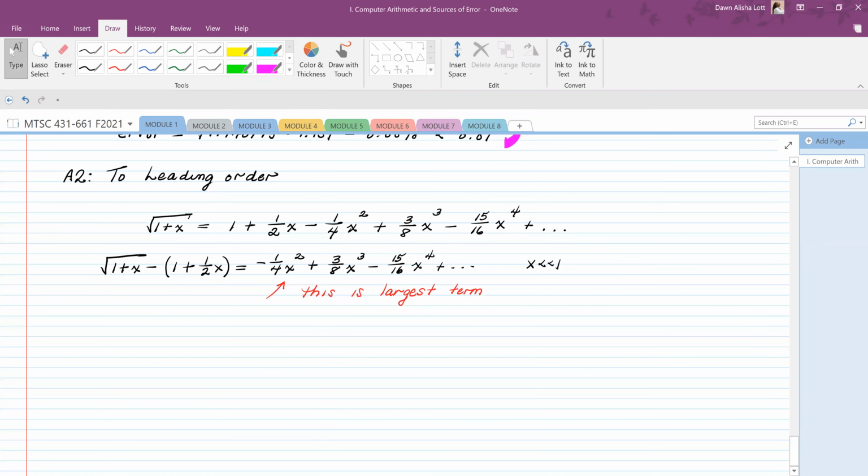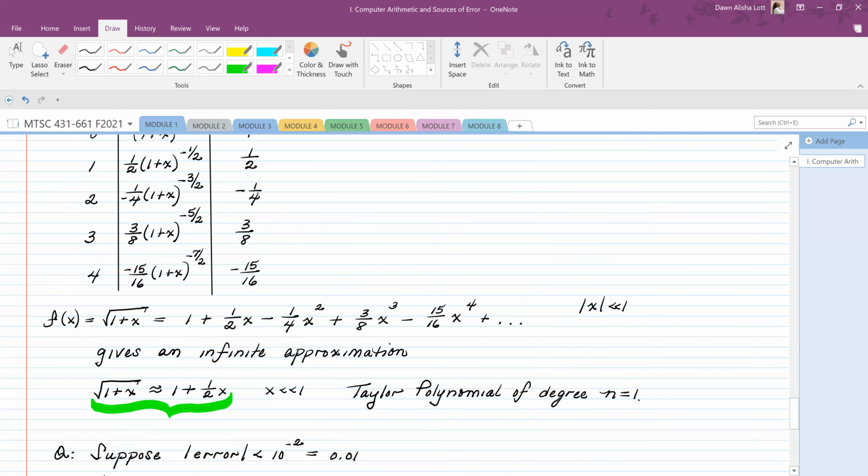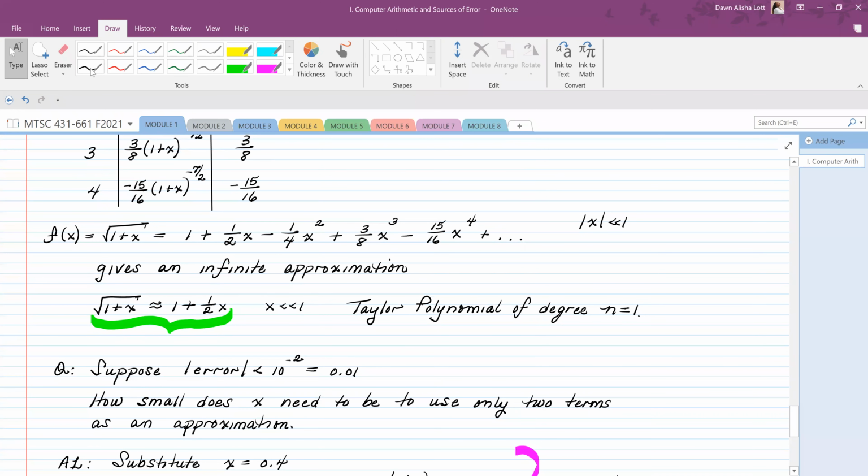Oh, let me fix this error before we go. I forgot I have an error in my notes. Let's go back. This is over 2 factorial, and this is over 3 factorial, and this is over 4 factorial. I forgot my factorials here, it's a Taylor series.